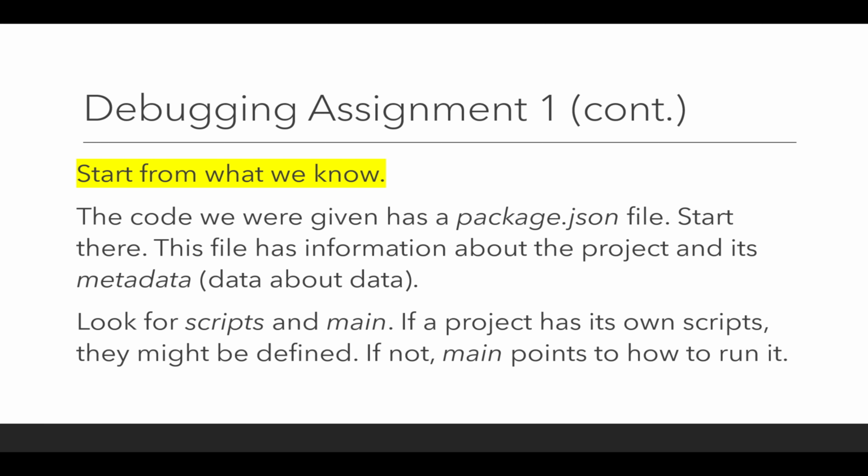But we want to look for two things, right? Scripts is the first one. The second one is main. Main tells Node what thing to run if this project is running, which is to say, it is the main entry point into the project. So we want to look for scripts and we want to look for main. So let's jump back over to Visual Studio Code.